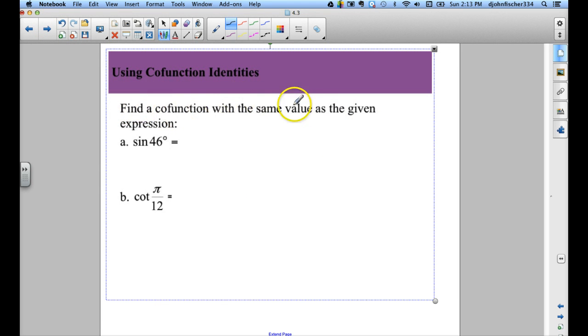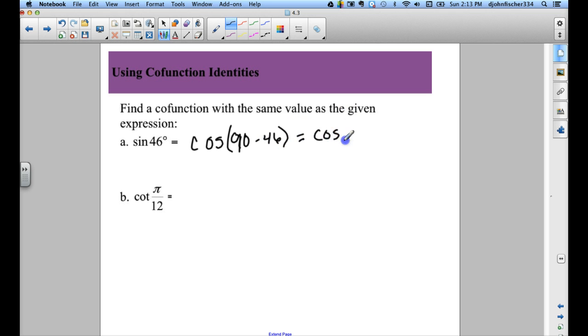So let's say find the cofunction of the same value of the given expression. If we had sine of 46, the cofunction would be cosine of 90 minus 46, which is equal to cosine of 44 degrees. Now tangent here would be cotangent.